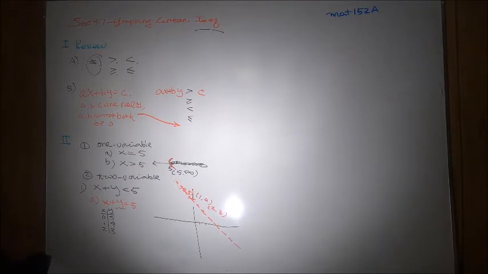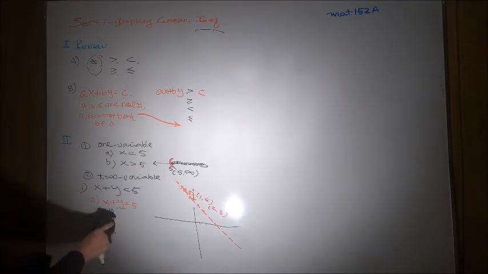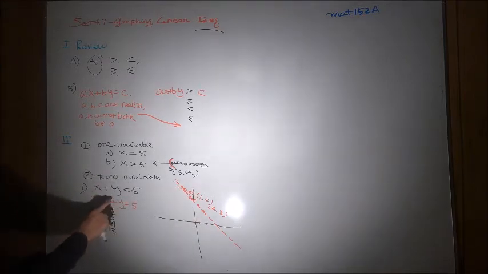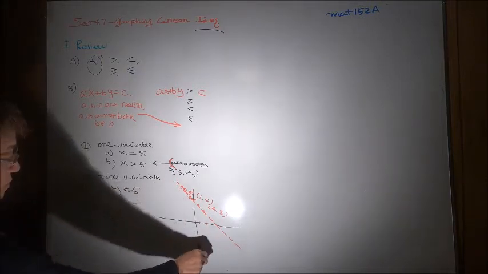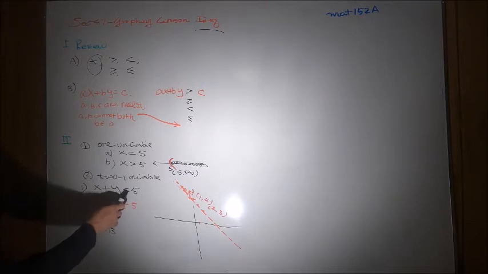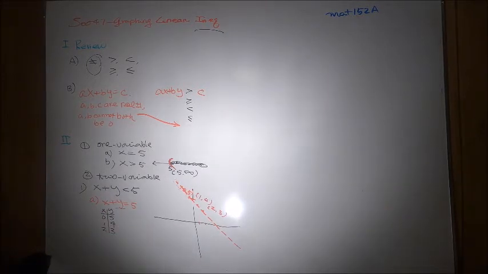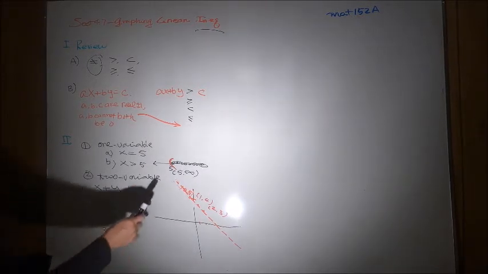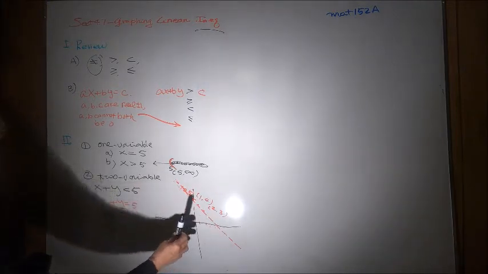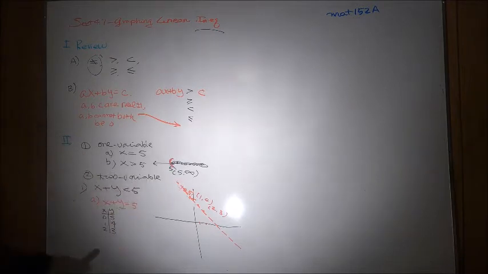Otherwise, you use what? Bracket. So for the 2 variable world, no equal sign, you use dash. If it has equal sign included, then you use a solid line. Then this line will make left and right, right? Just like here, left and right. So you have to choose an area which will work.